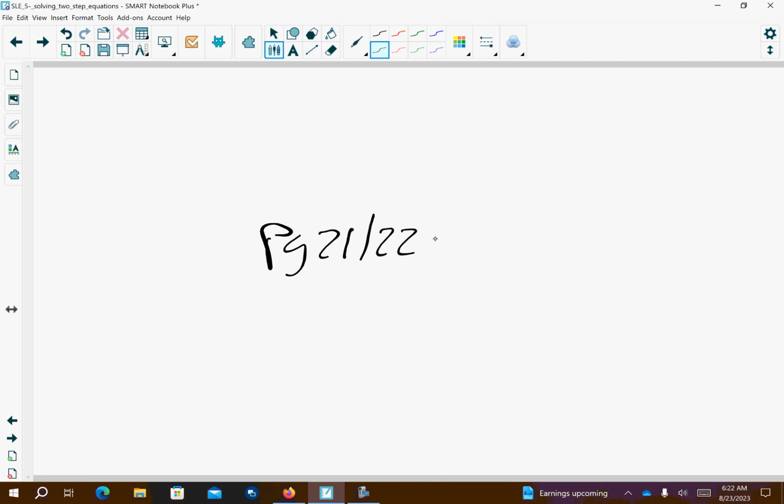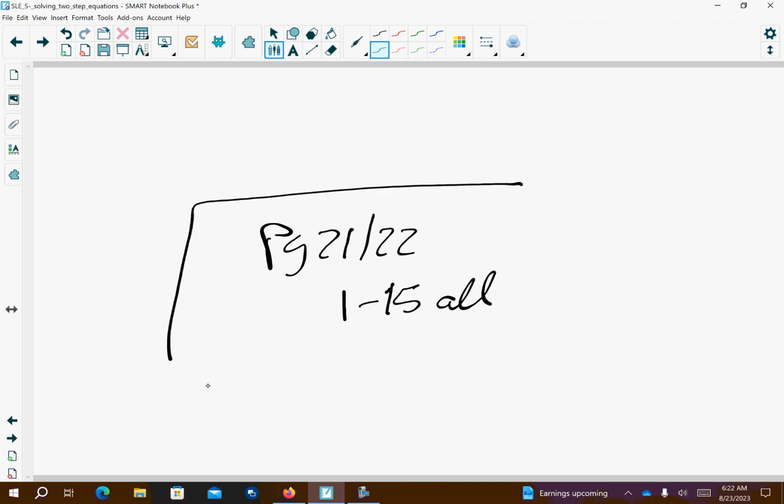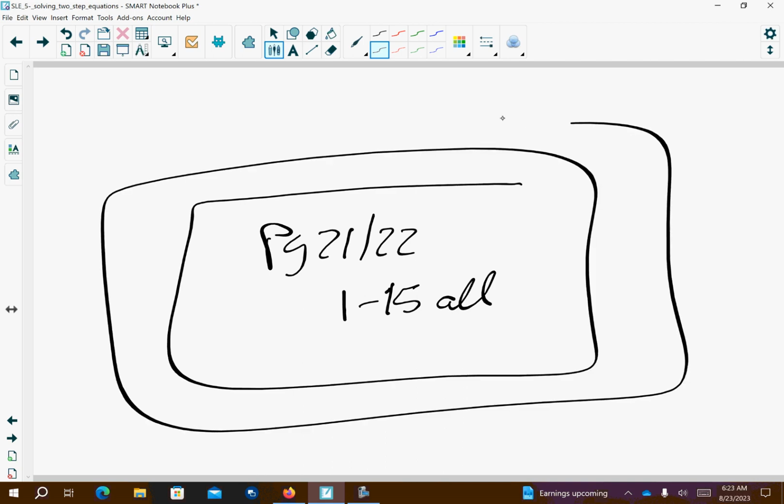And let's have us work on 1 through 15 all. Okay, remember, you need a calculator. You can get the calculator using the RevTrack link on Schoology. Go in there and pay for it, and then I'll tell you where to go get the calculator once you have purchased the calculator to rent for the year.